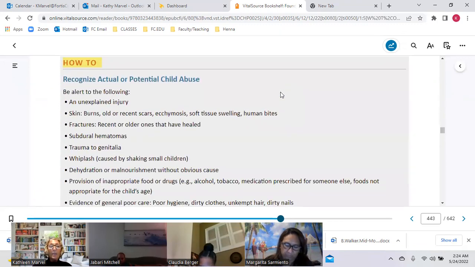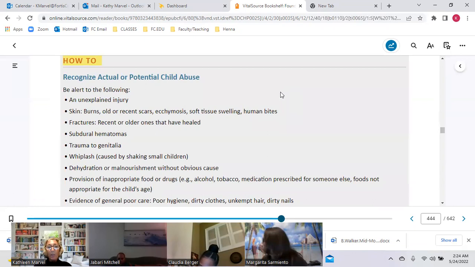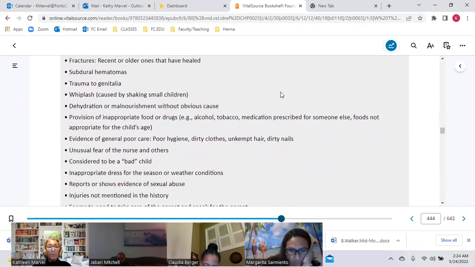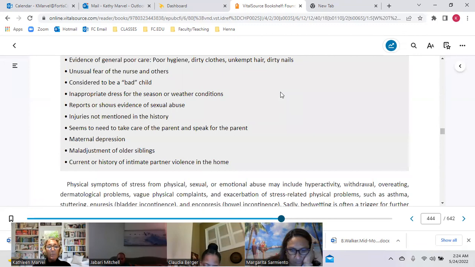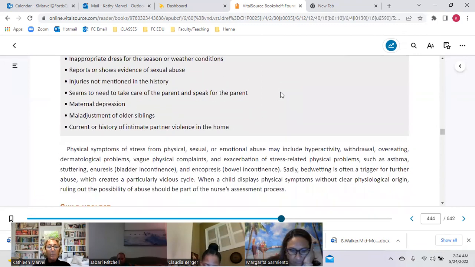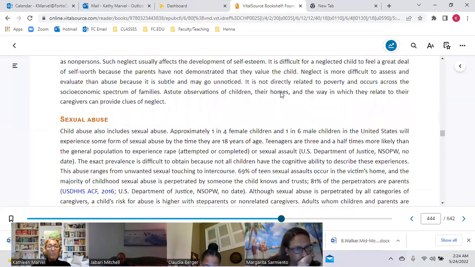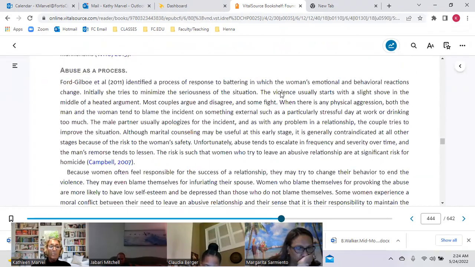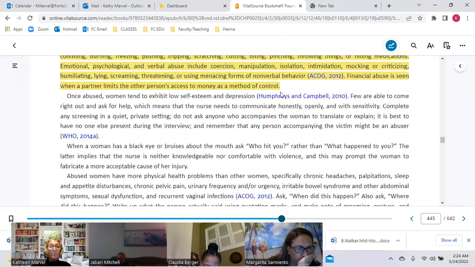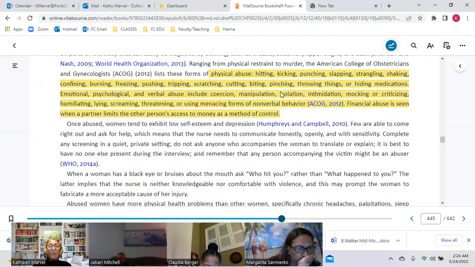And then how to recognize actual or potential child abuse. Injuries, burns, fractures, malnourishment, dehydration. And then this is just a list of what abuse can look like.